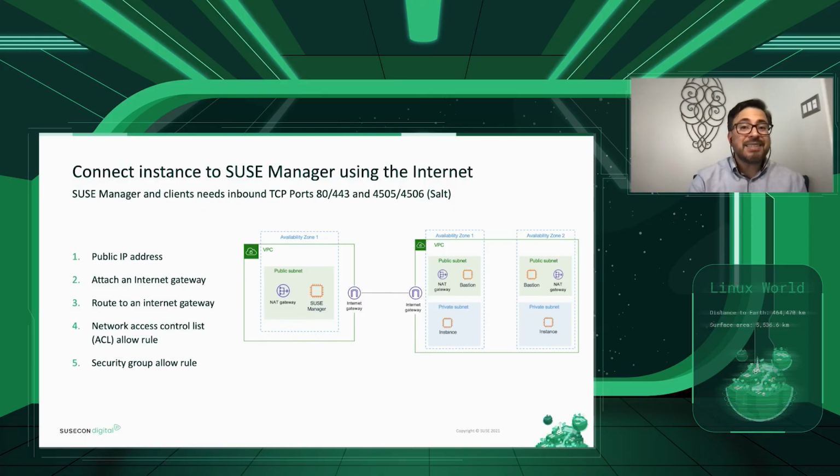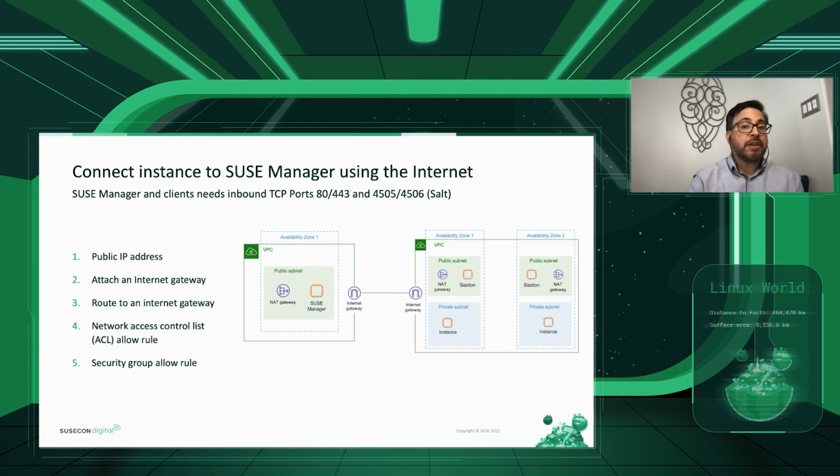So instances can connect to SUSE Manager through the internet using TCP port 8443 and SALT ports 4505 and 4506. The traffic between the instances is secured across 443, 4505, and 4506.